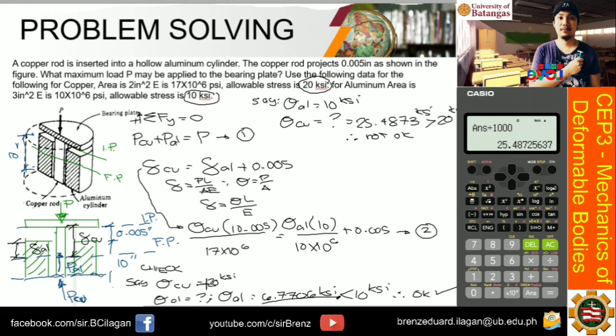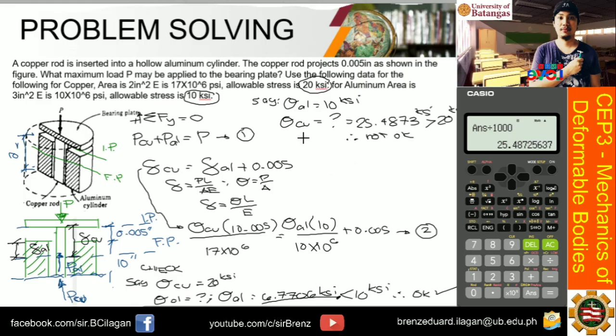So when the copper reaches 20 KSI, si aluminum makakaramdam lang ng 6.7706, which is correct naman, no? Kasi kung i-analyze mo, mas mahaba yung copper. So therefore, mas marami siyang kaarganing load. Kasi do sa initial point, siya lahat yung nag-aarga ng P eh. Tama? Dito lang tumulong si aluminum nung bumaba siya ng 0.005 inches.